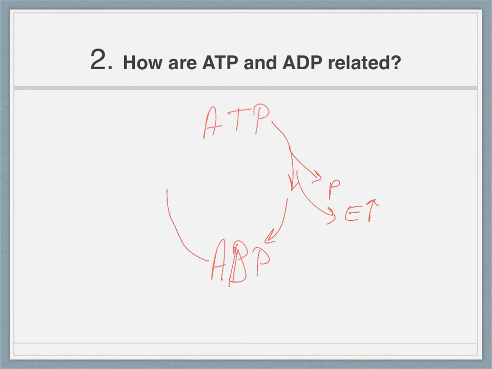When ADP gets a phosphate added through energy being put in, ADP gets converted to ATP. So they're related in that they're part of this cycle of ATP to ADP back to ATP. The cell's going to recycle stuff as often as it can, doesn't waste. This is just one of those mini cycles.